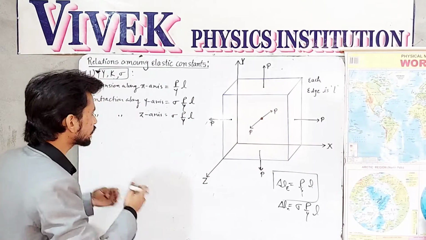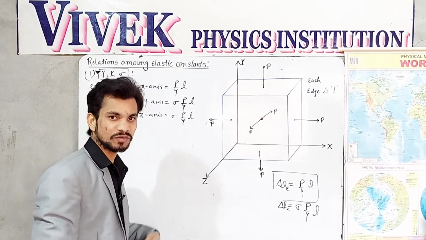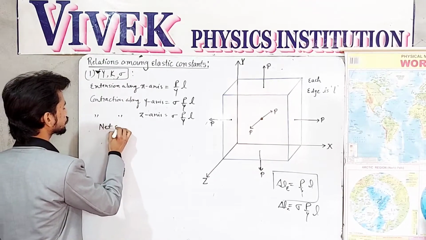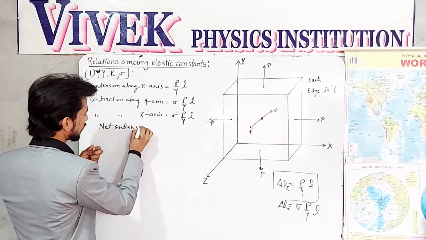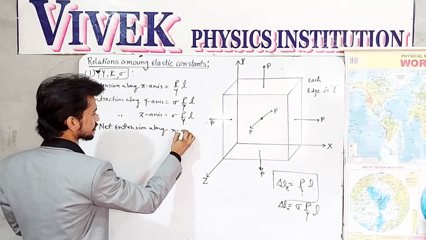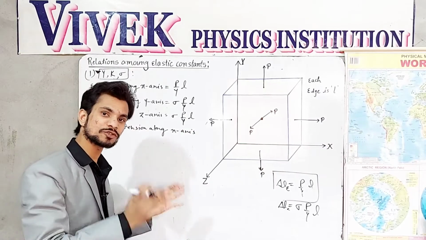If I am interested in finding the net extension along the x-axis, then what will that be? Net extension along the x-axis will be total extension plus total contraction.